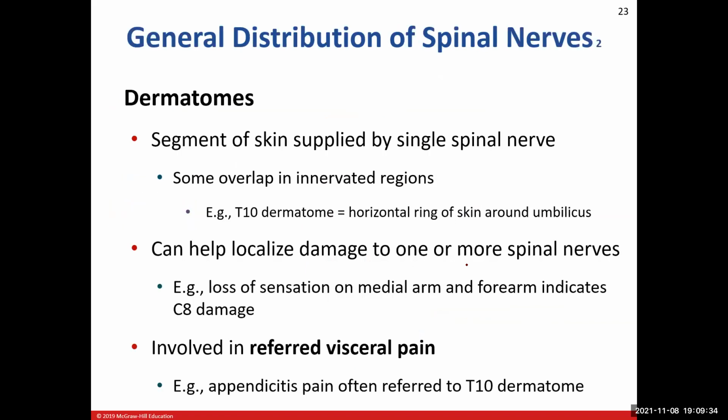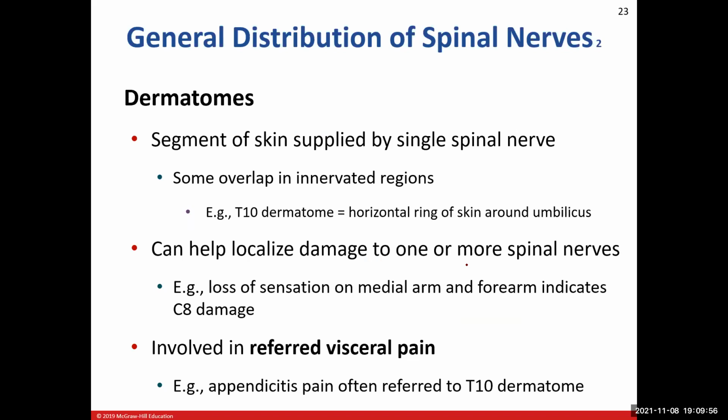All right. So since we're talking about our spinal nerves, we should talk about dermatomes. Because we discussed how spinal nerves are mixed nerves. They have motor neurons and sensory neurons. So let's talk about what those sensory neurons do. And they create these structures called dermatomes.